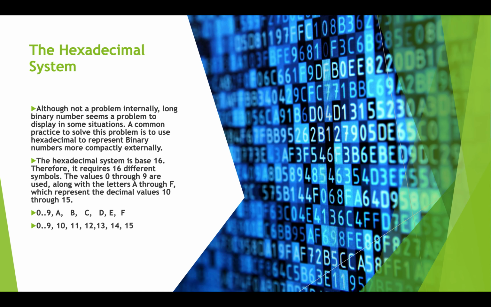The hexadecimal system. Also, not a problem. Internally, a long binary number seems a problem to display in some situations. A common practice to solve this problem is to use hexadecimal to represent binary numbers more compactly externally. The hexadecimal system is base 16.